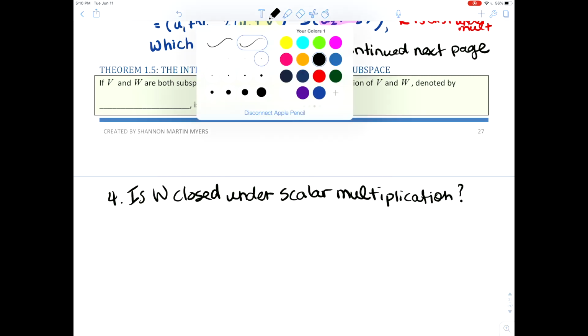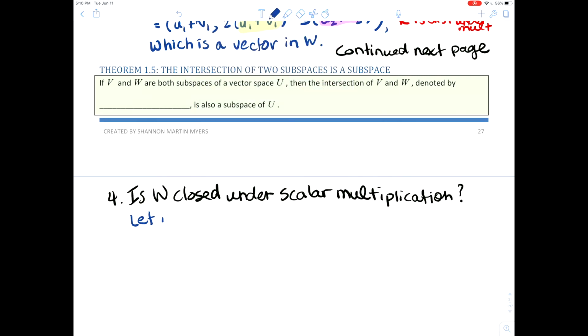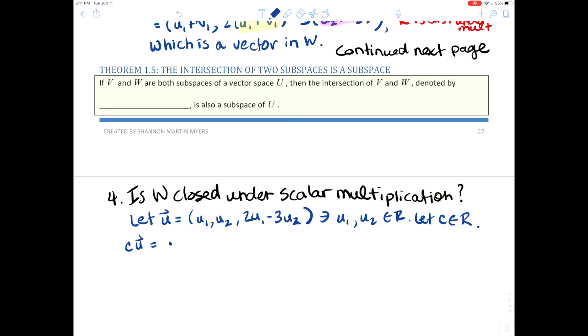All right, so we'll let U equal to the same thing, U1, U2, comma, 2U1 minus 3U2, such that U1 and U2 belong to the real numbers, and we'll let c also belong to the real numbers for our scalar. So c times U is equal to c times U in component form, which is U1, U2, 2U1 minus 3U2.